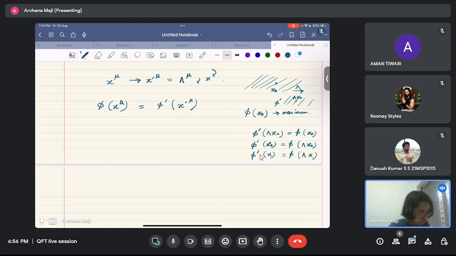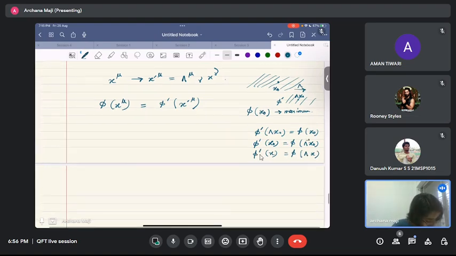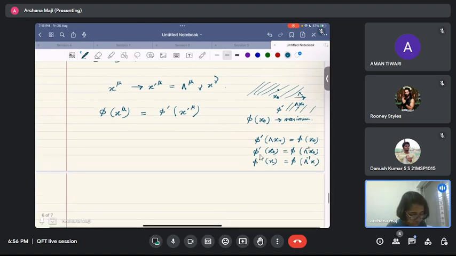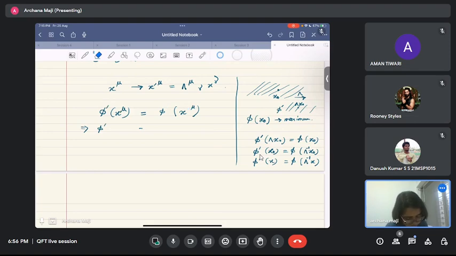So phi prime of x is phi, sorry, not lambda here, it's lambda inverse, phi of lambda inverse x. So same thing we are saying here. So this means phi prime of lambda mu nu x nu.